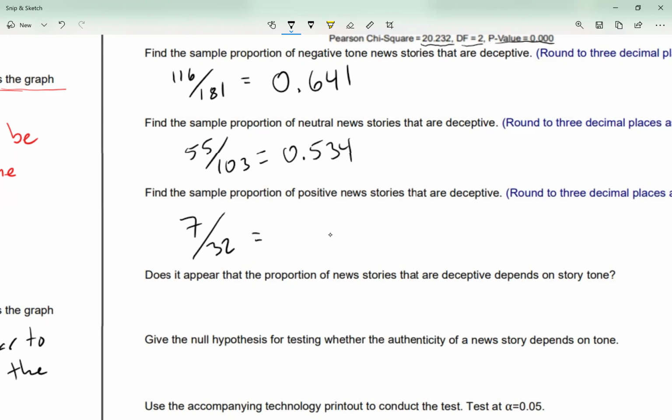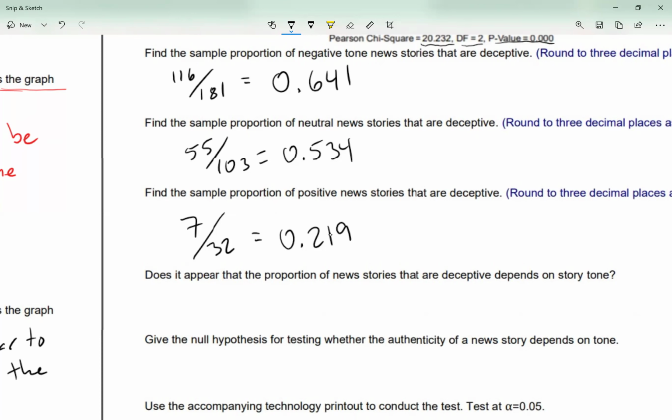Now 7 divided by 32, rounded to 3 decimal places. My answer is going to be 0.219. As a percentage, this basically rounds up to 22%, but I'm leaving it as a decimal, 0.219.